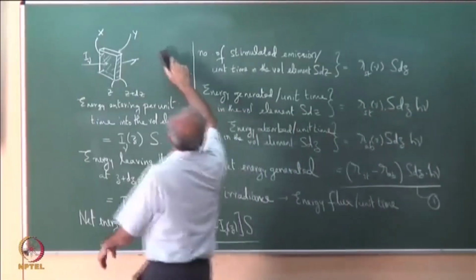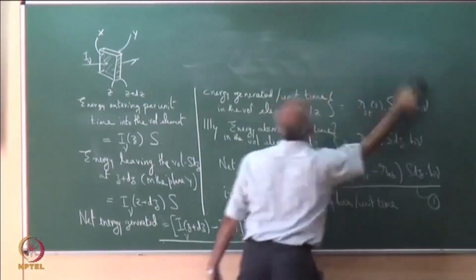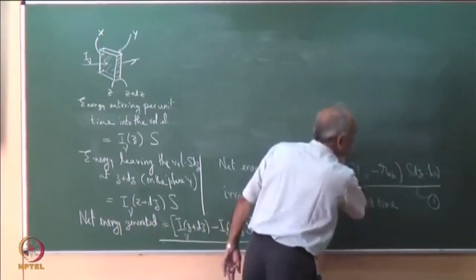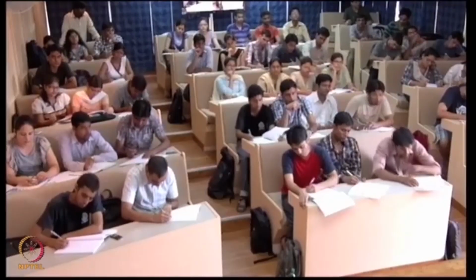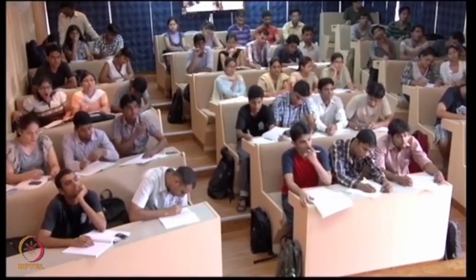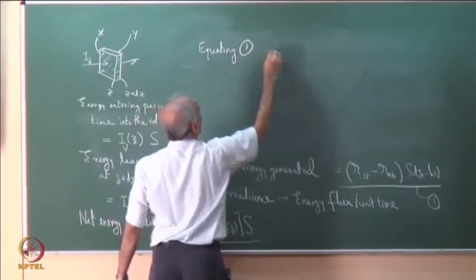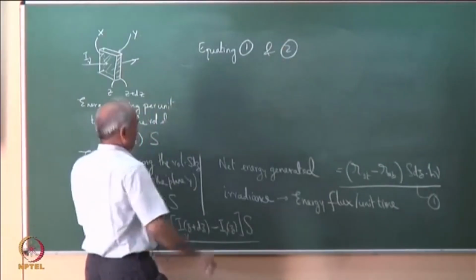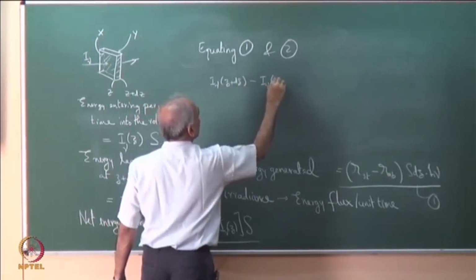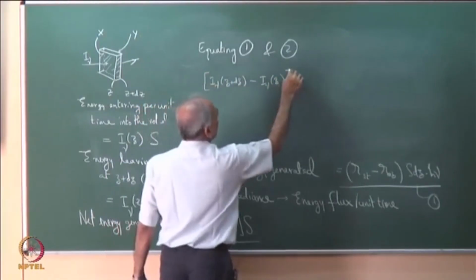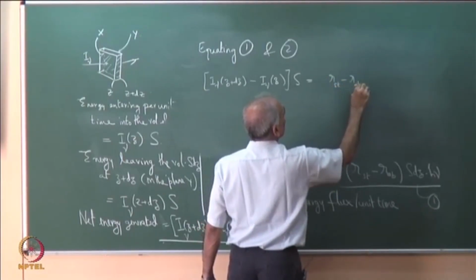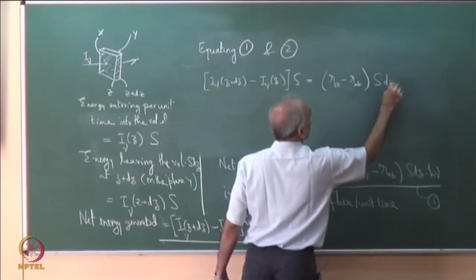So, equating 1 and 2, I nu of z plus dz minus I nu of z, into S is equal to R S T minus R A B into S dz into h nu.